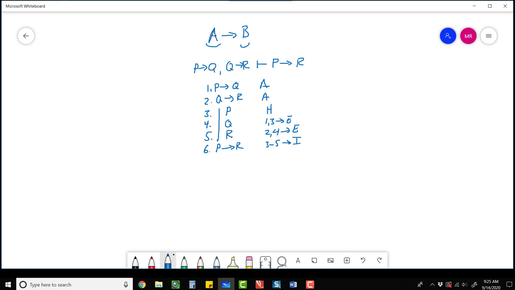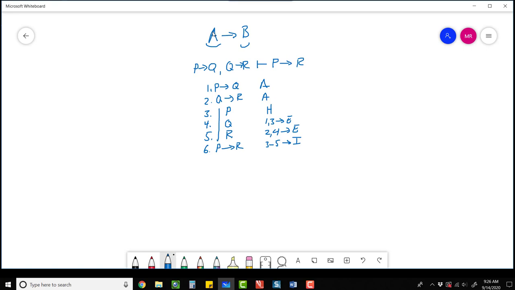So it's very important to understand that once we discharge the hypothesis, everything on the right side of this line is no longer in service. If there were anything else to do in this proof, and that will often be the case as we'll see later, you would not be permitted to go back and use anything on the other side of this line. It's been discharged from the proof itself.